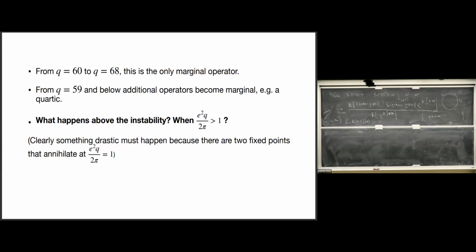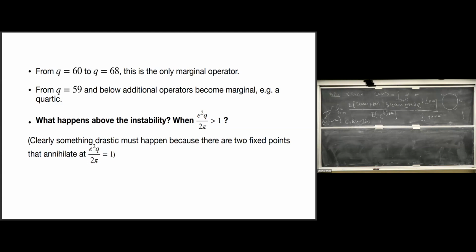So now an important comment. What I just said, just like we looked at the phi hat dagger phi hat operator and saw that it becomes marginal at some point, we can look at other defect operators as well, like a quartic, phi hat dagger phi hat squared, and this can become marginal too at some point. So what we can say for sure is that when you are between charges 60 to 68, then the scalar bilinear is the only operator that becomes marginal on the line.